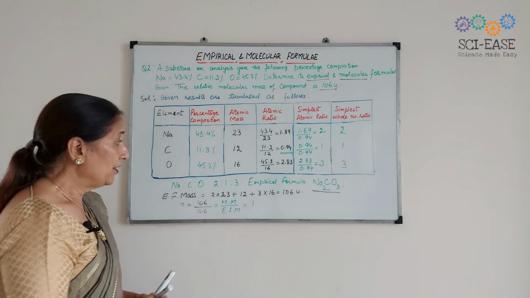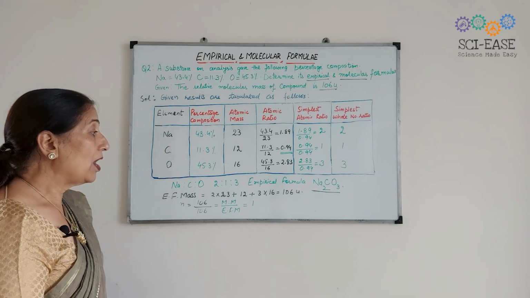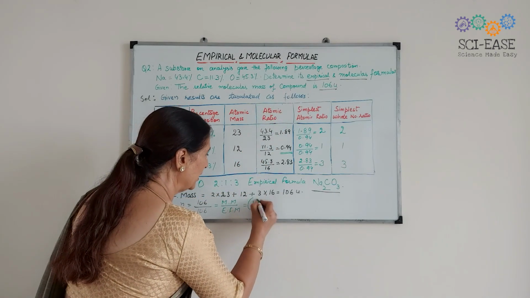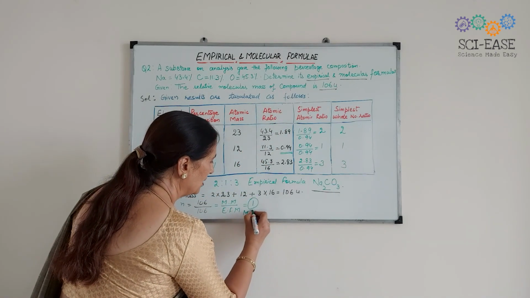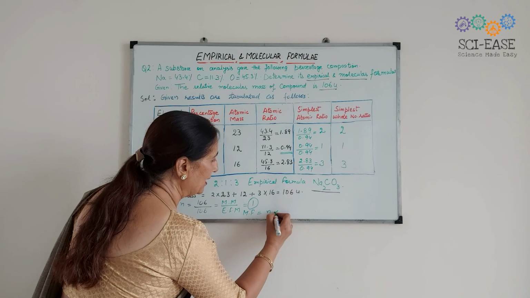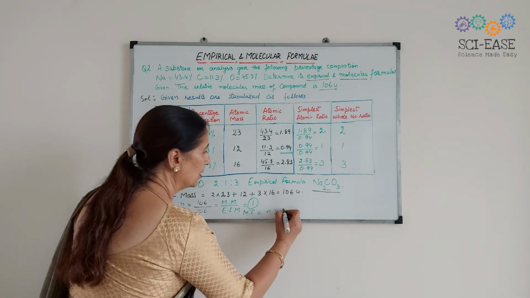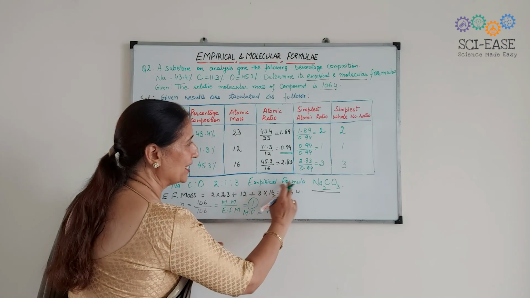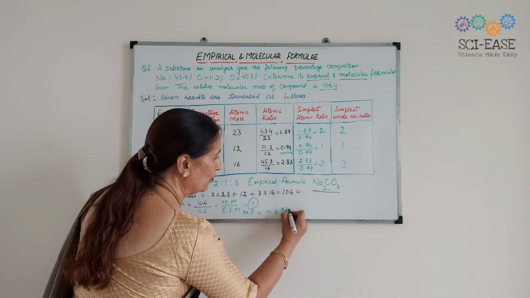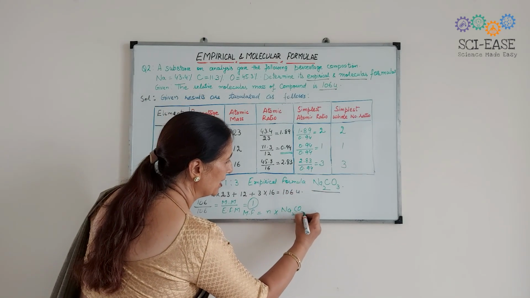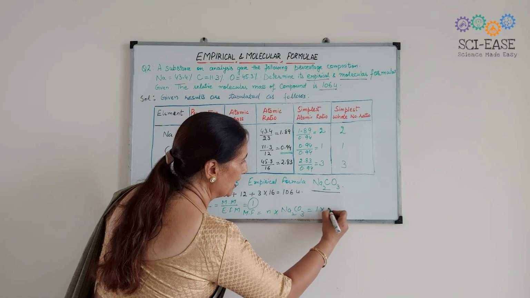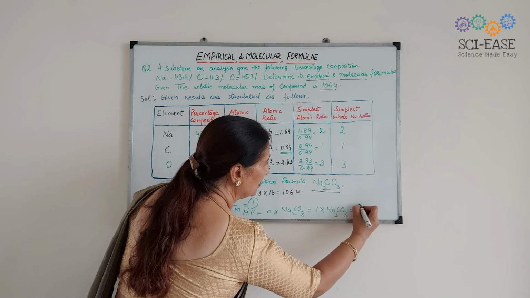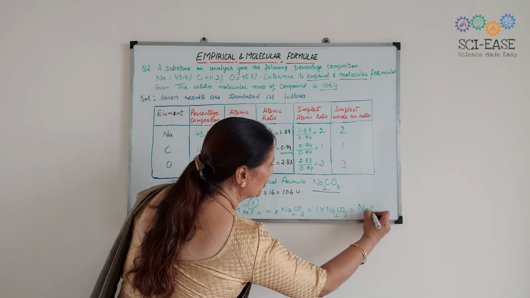Now the next thing is how we can calculate the molecular formula. So molecular formula that is equal to N into empirical formula, and empirical formula is Na2CO3. What is the value of N? 1 into Na2CO3. So the answer is again Na2CO3.